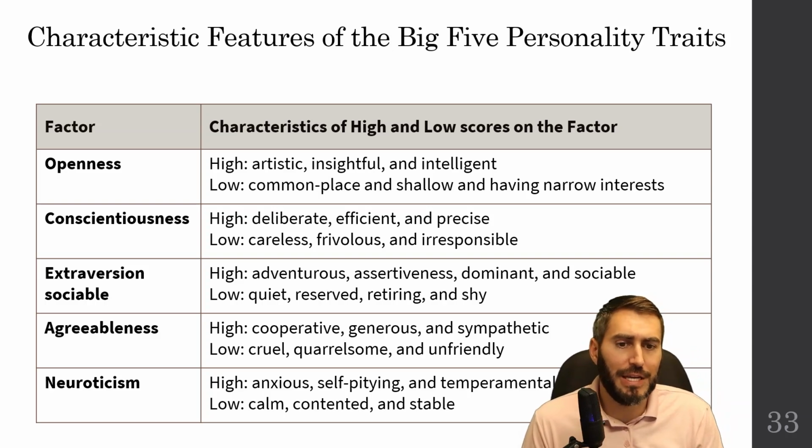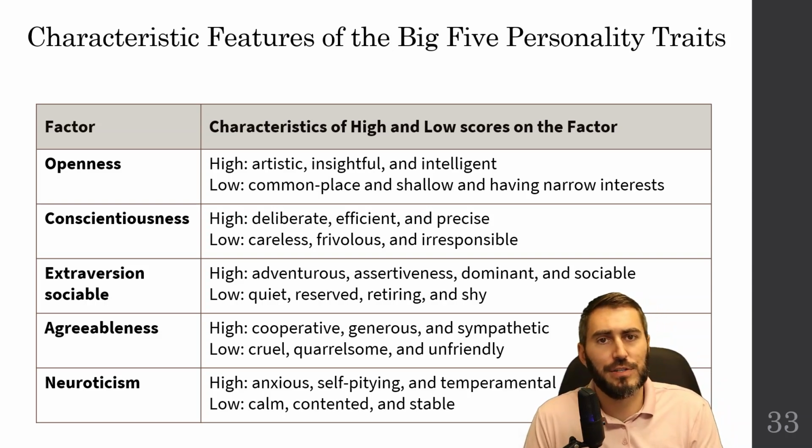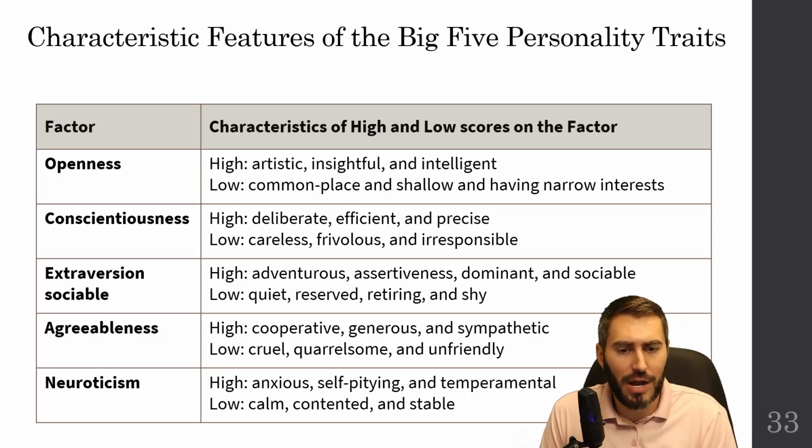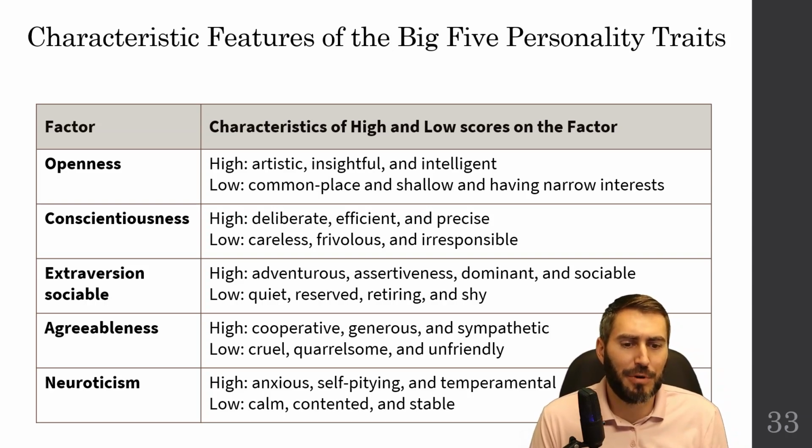Low levels being careless, frivolous, irresponsible. The extroversion or sociable scale has to do with being adventurous, outgoing, whereas being quiet, reserved, or shy is more on that introversion other end of the scale. Agreeableness: cooperative, gentle, sympathetic, versus cruel, quarrelsome, unfriendly. And then neuroticism being anxious, maybe temperamental, versus calm and content and stable.